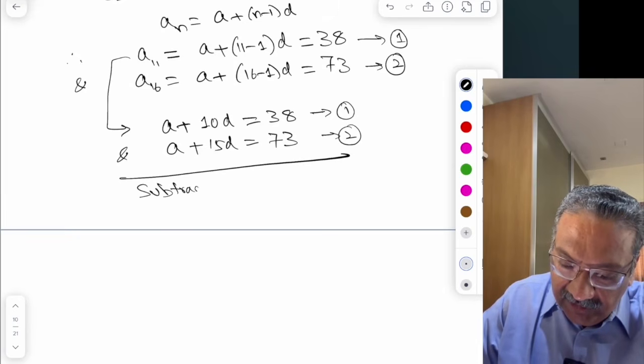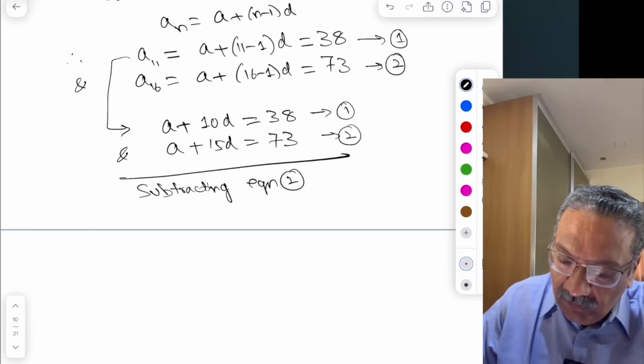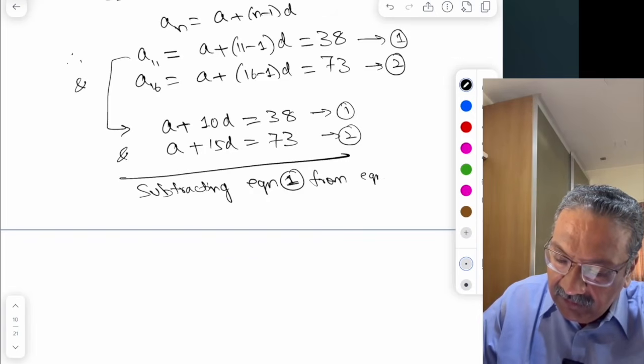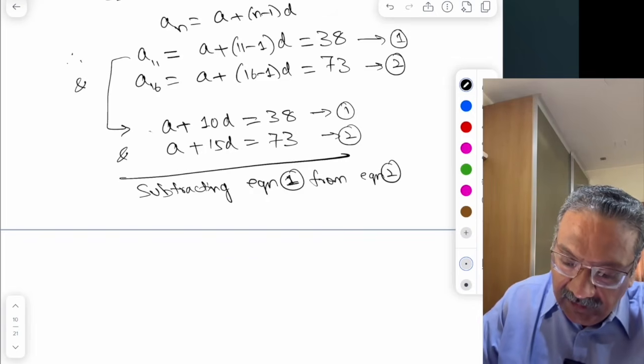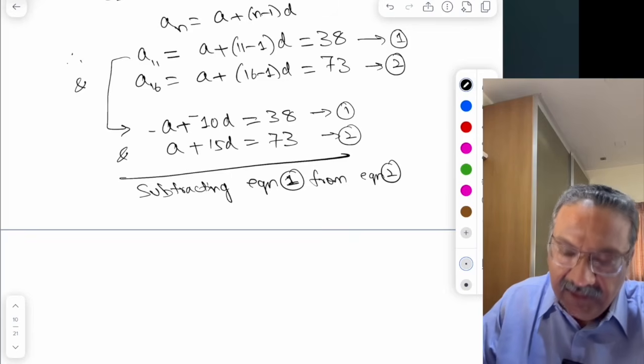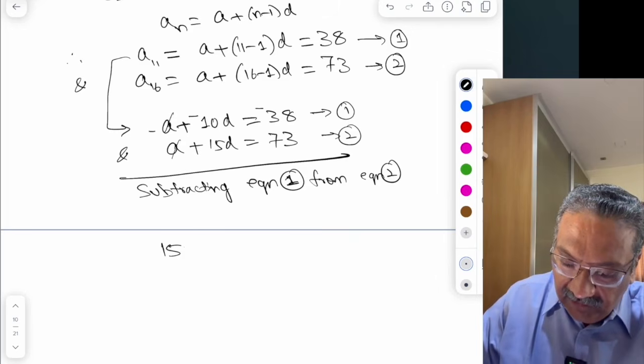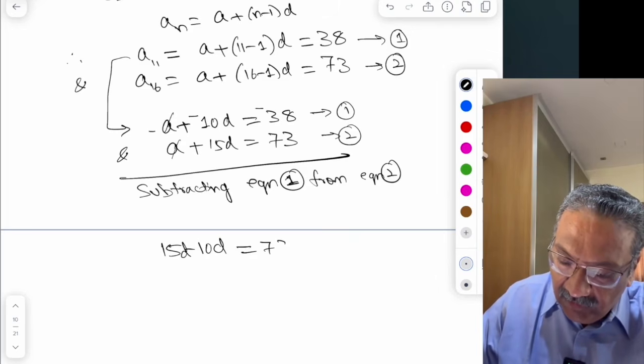Subtracting equation 1 from equation 2, we get minus a, minus 10d and minus 38. So a cancels. 15d minus 10d is equal to 73 minus 38.